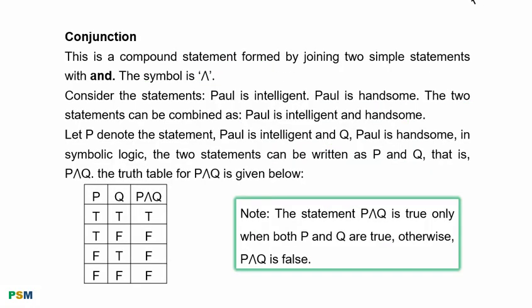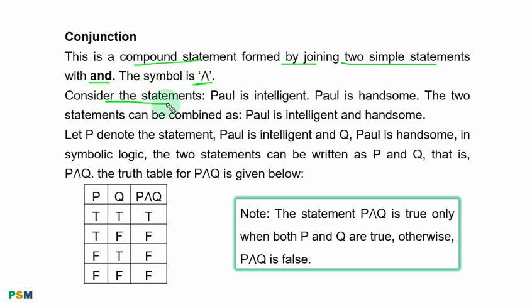Let's examine conjunction. This is a compound statement formed by joining two simple statements with and. The symbol is something like an inverted V, or the symbol for power on a scientific calculator.